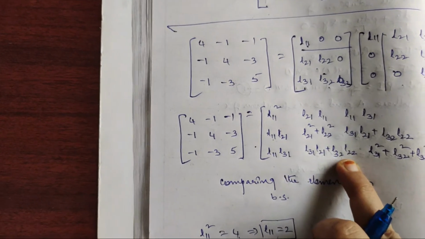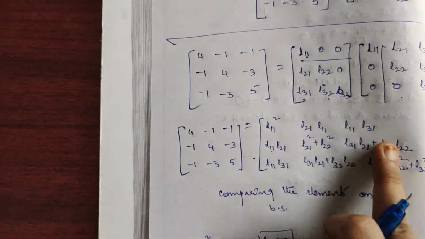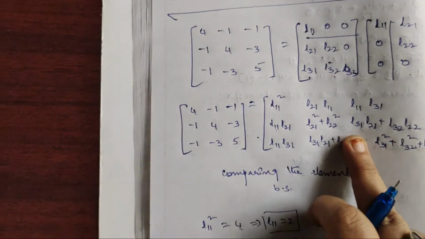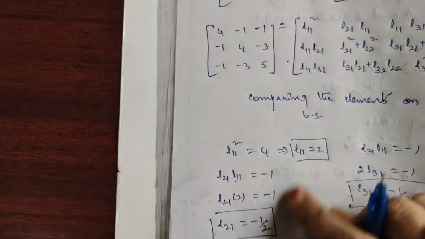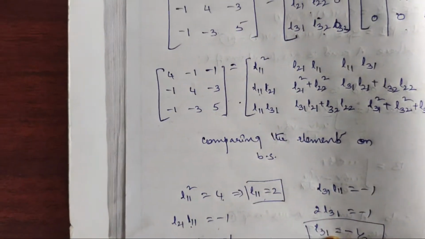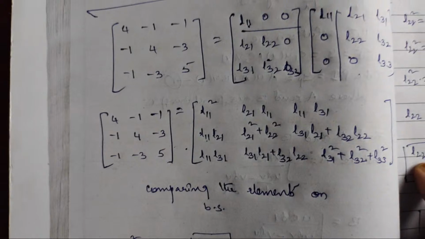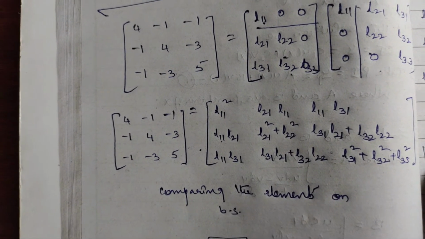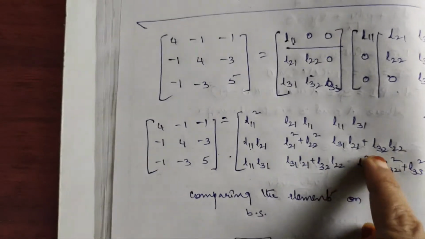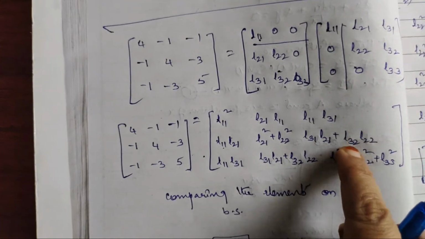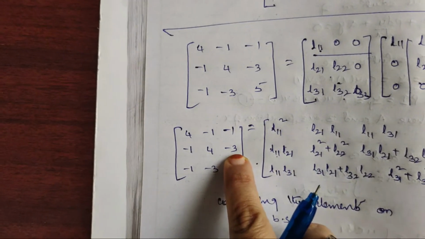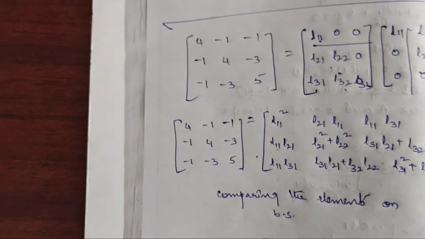From here it equals this, and this is going to be the same thing. So from here, which values have we already got? L11 we got, L21 we got, L31 we got, next L22 we got. So from this we can find the L32 value. On the other side, that element equals -3.